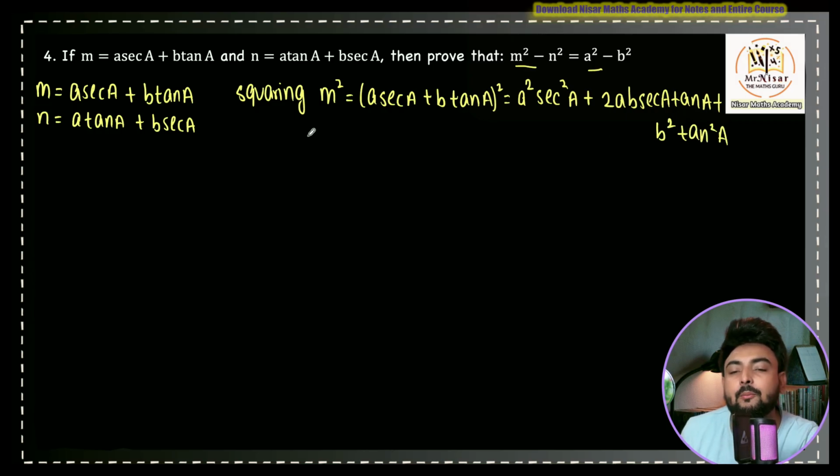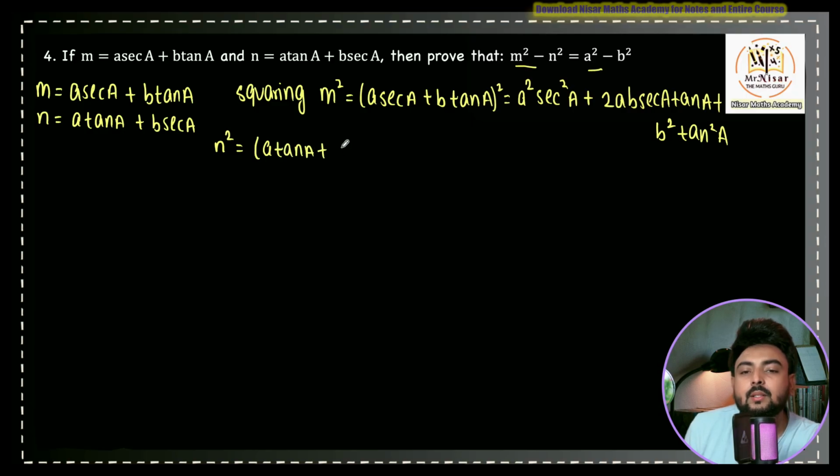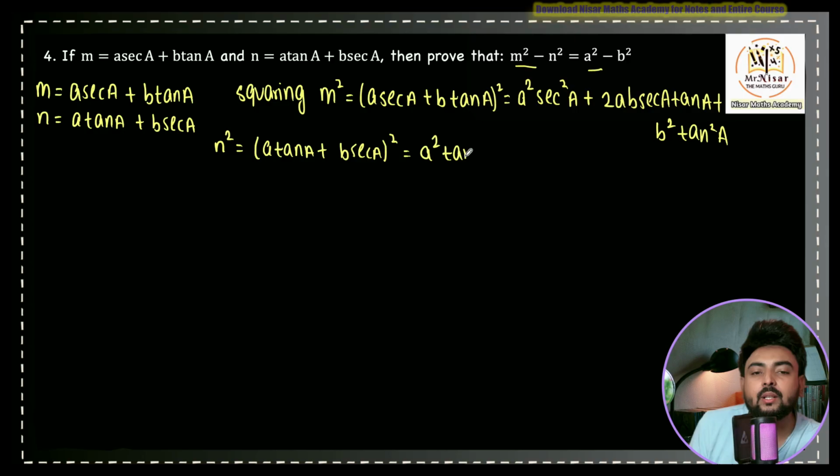This is the value of m square I got. Then I'll do the n square here. I have the value of n as a tan a plus b sec a. So if I do the squaring of this, it will be a square, so a square tan square a.